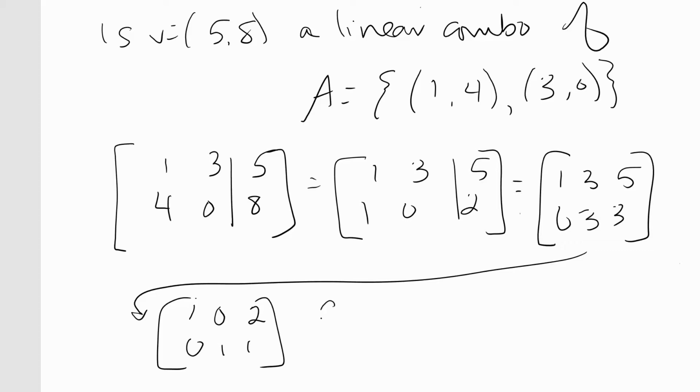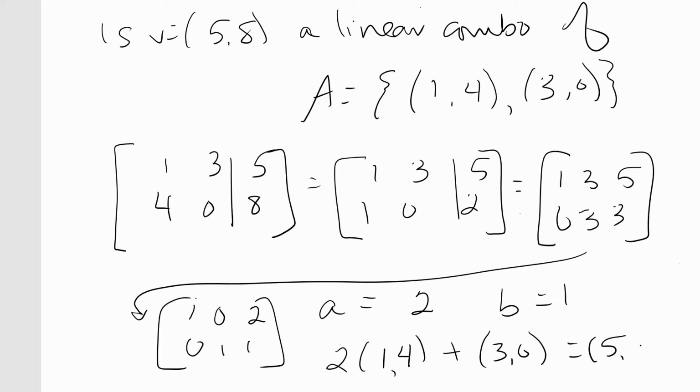This tells me my first scalar is 2, and my second scalar is 1. So 2 times my first vector 1, 4, plus 1 times my second vector 3, 0 should give me 5, 8. Check it. 2 times 1 is 2, plus 3 is 5. 4 times 2 is 8, plus 0 gives me 8. So yes, I can write the vector 5, 8 as a linear combination of what's in set A.